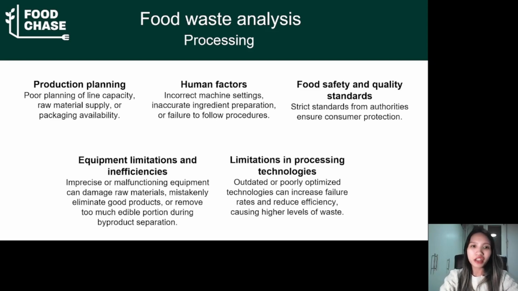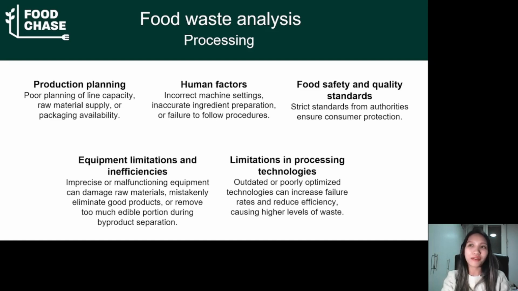The equipment limitation and inefficiency can lead to the excessive elimination of edible fraction of material. And also the outdated or poorly optimized technology can increase the failure rate and reduce efficiency. For example, for the clarification of fruit juice, there is a technology that is called membrane filtration.